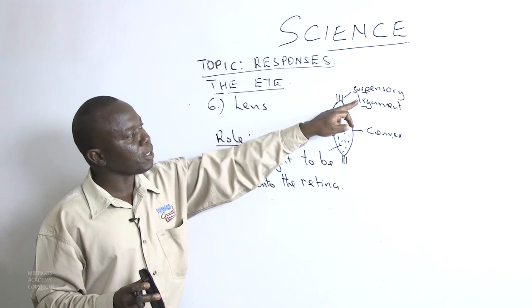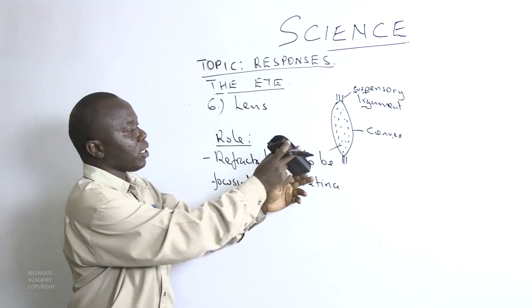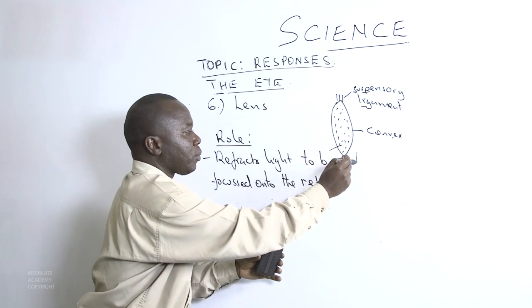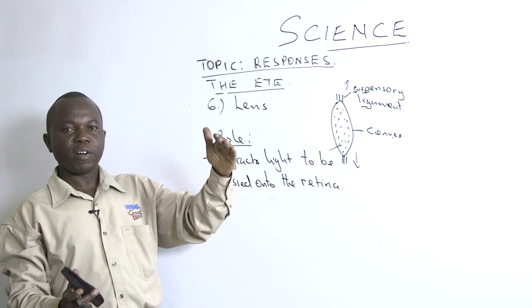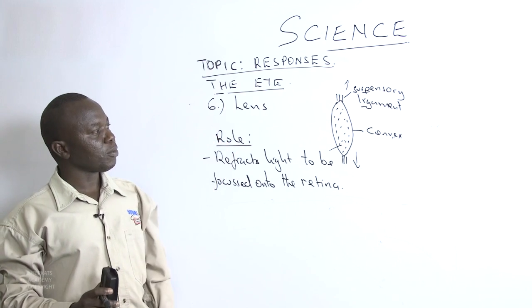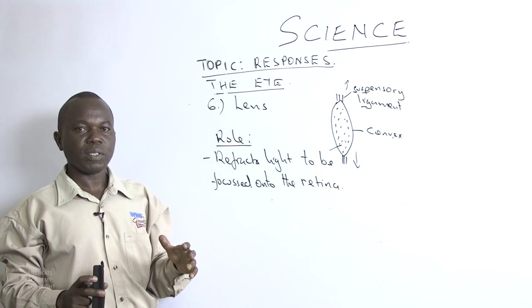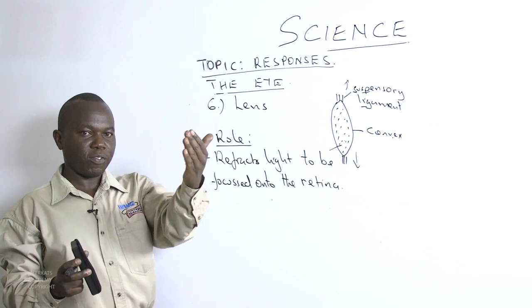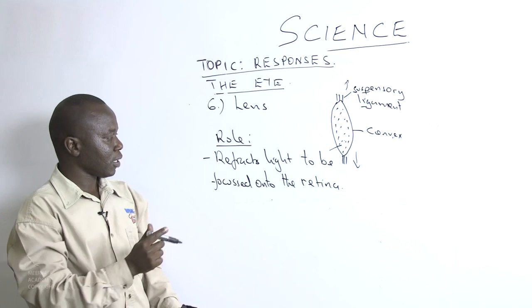When the suspensory ligaments contract, they pull sideways, the lens becomes flatter, and there will be less refraction. If you are focusing on a distant object, the light now falls on the retina.